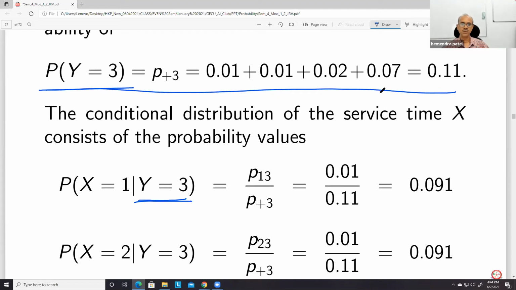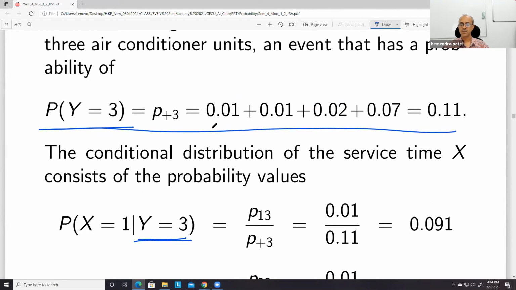P(y is equal to 3) is P plus 3. Then you add them all, and we get 0.11. This is from the marginal table. y is equal to 3 is marginal.